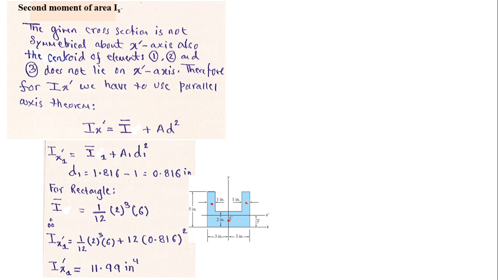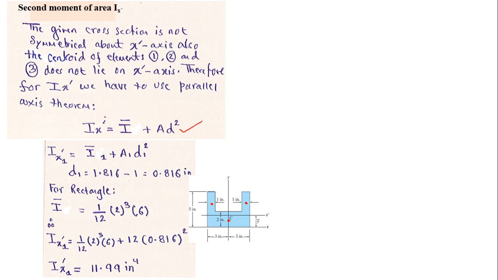So the centroids of the constituent shapes are not lying on the x dash axis, and also this cross section is not symmetric about the x dash axis, so there is no chance of using the Boolean algebra to calculate the second moment of area. Therefore we have to use the parallel axis theorem, which is defined with this equation.